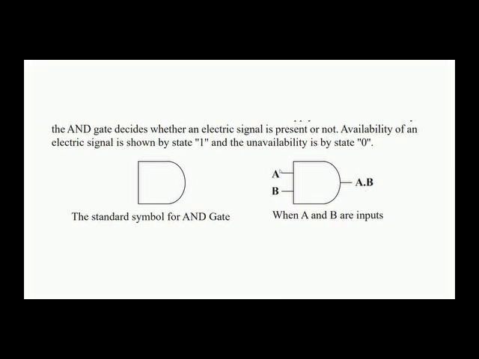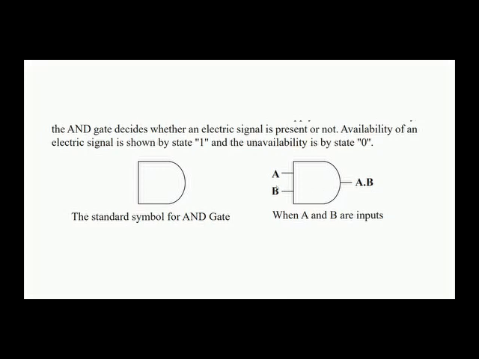If you input any 0 here, the output will be 0 in the AND gate. If you want to get 1, both inputs should be 1. That means you have to have two ones if you want an output of 1.